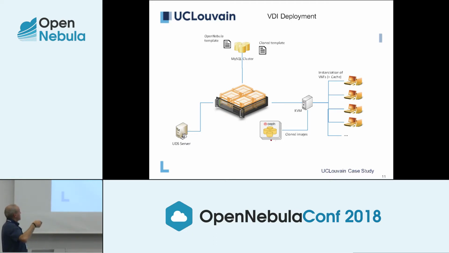Okay, the UDS server, we can tell it, I have a lesson this afternoon with 50 students. I want to have 50 machines ready to be used. So the UDS server takes the template of the machine needed. It makes a working copy to instantiate the 50 machines, and it keeps them in cache in the OpenNebula infrastructure.